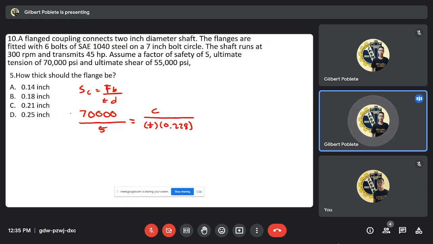So may nakuha tayong thickness na 0.14 inch. So, makuha natin yung letter A.